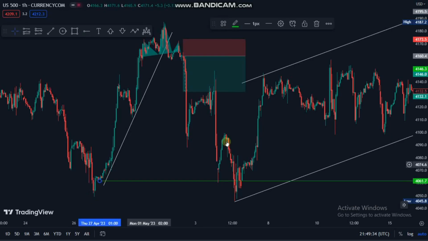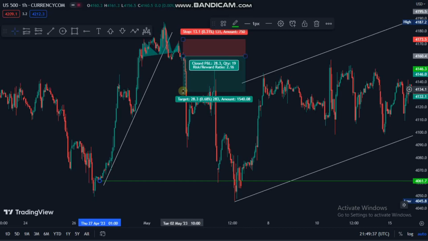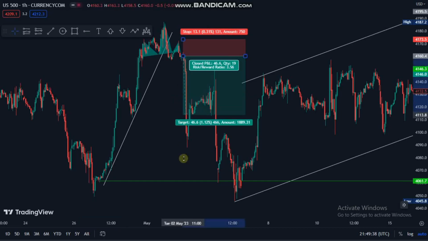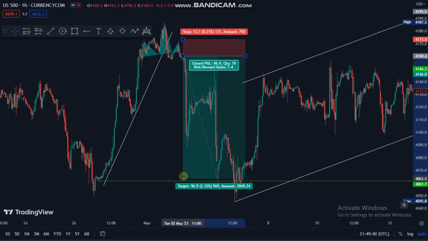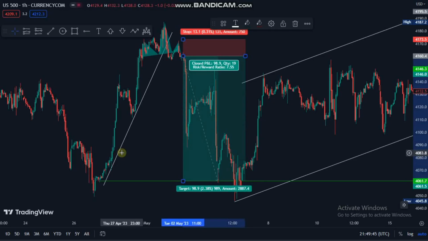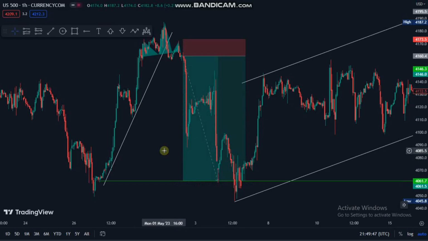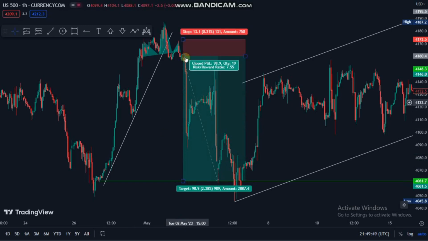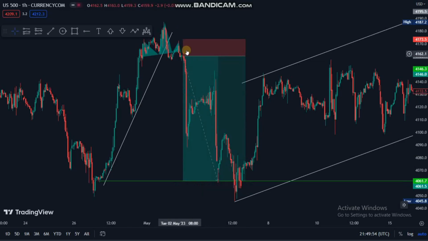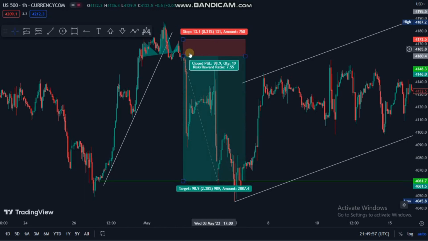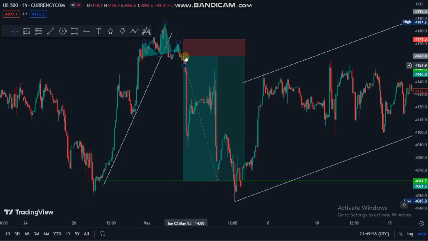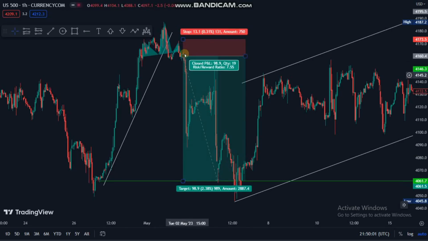So my targets would be somewhere around there, and then boom, this is a 1 to 7.55 risk to reward ratio. You can see, guys, if you can check, most of them go straight into profits, guys. They don't trickle and go back, but yeah, it's not always perfect, but most of the time it just goes straight into profit.